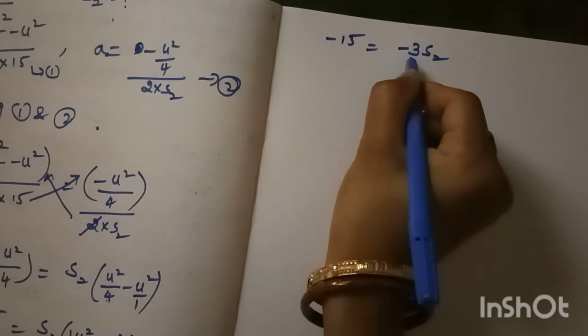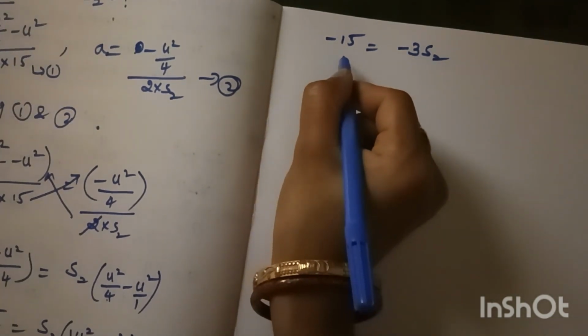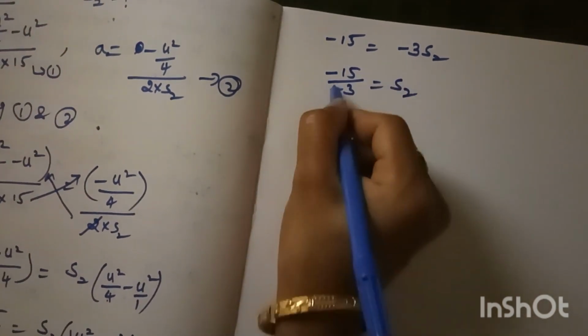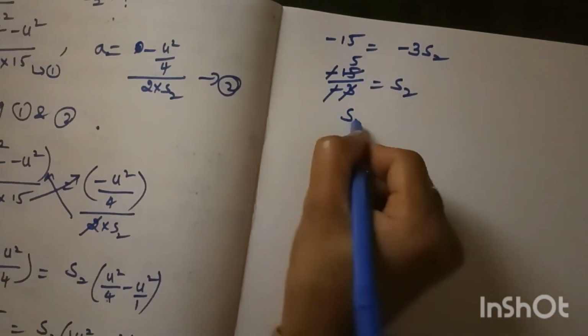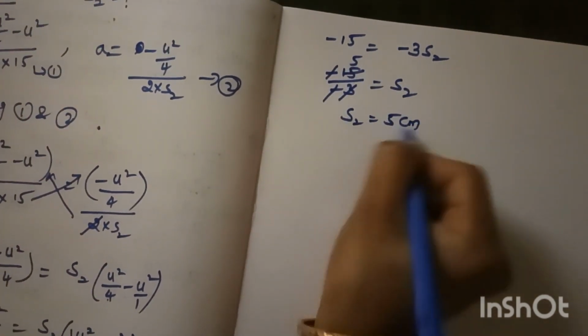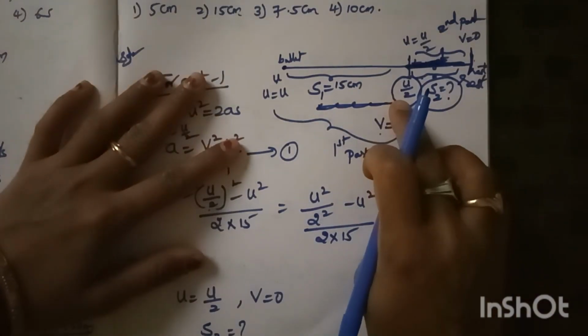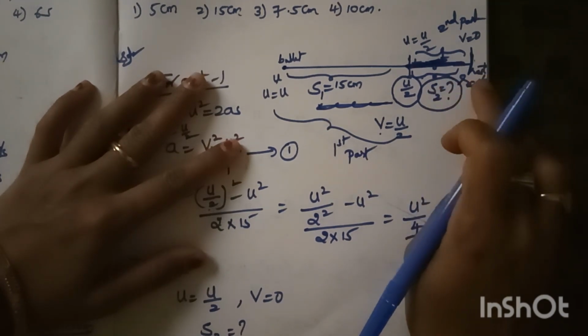As minus 3 is multiplying, when I send it to the left hand side it will divide. Minus 15 by minus 3 is equal to s2. Minus will cancel, 3 fives are 15. So s2 equals 5 centimeters. So by losing half of its velocity, it travels 5 centimeters to come to rest.